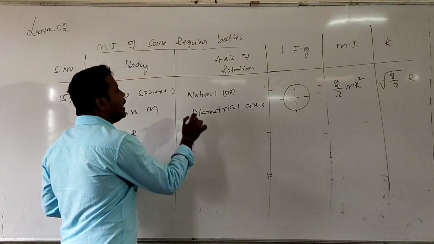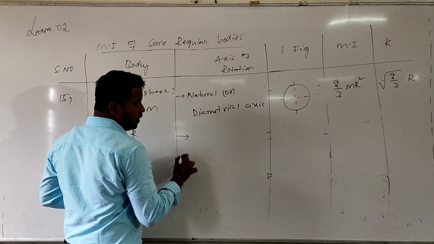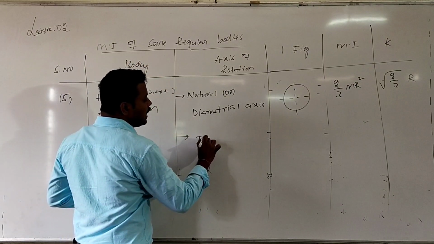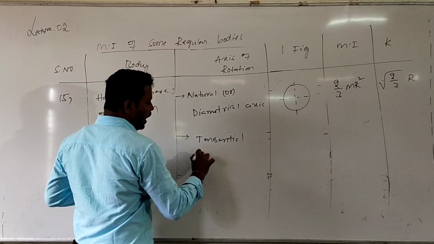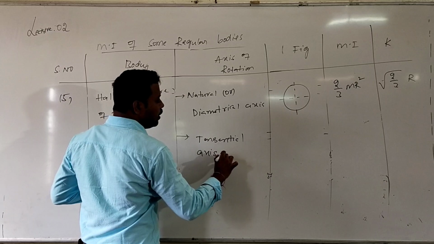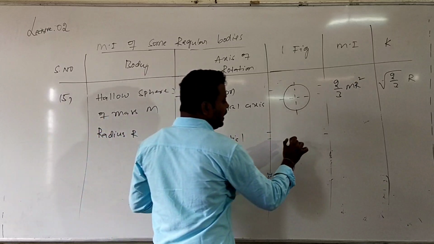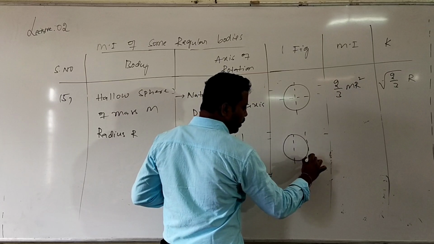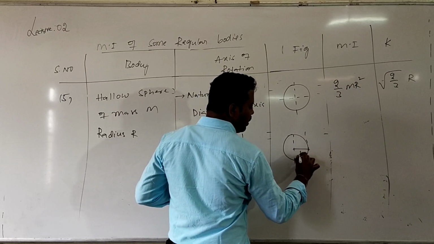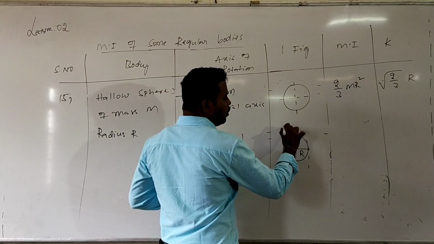If I want to calculate the moment of inertia about a tangential axis in the plane, if I draw a tangent, I know the value about this axis, and I want to calculate about this axis. The distance is given by R. I know this value IC.